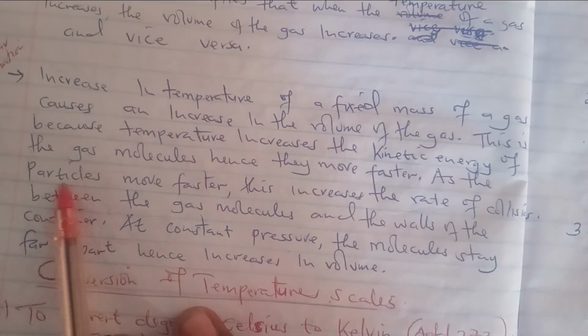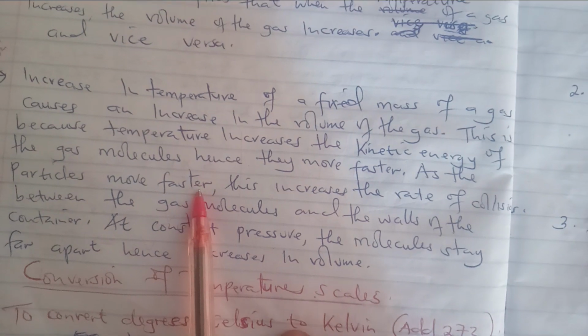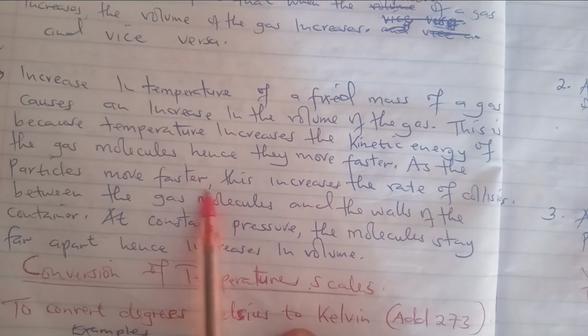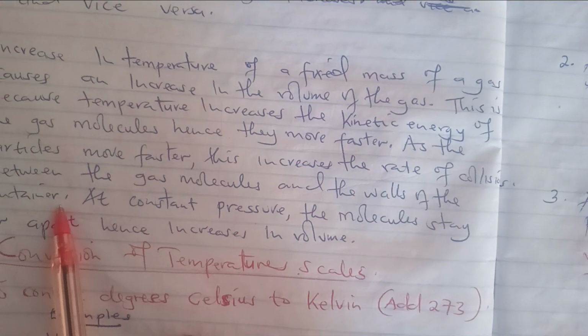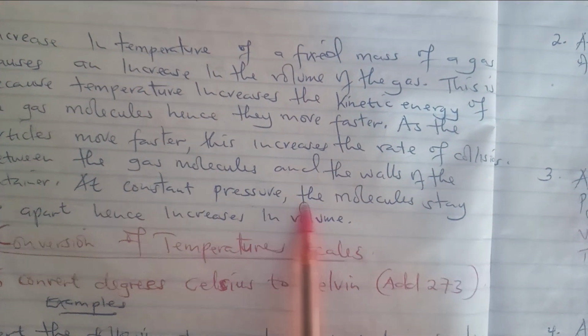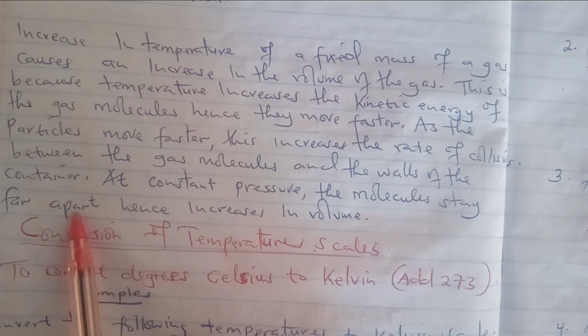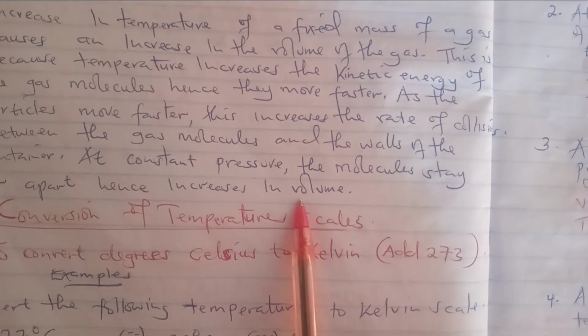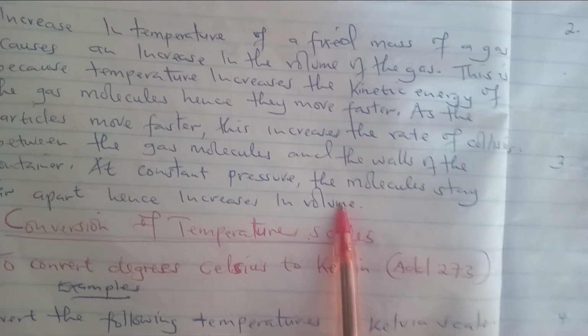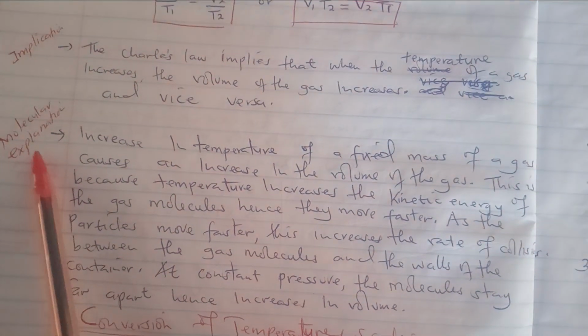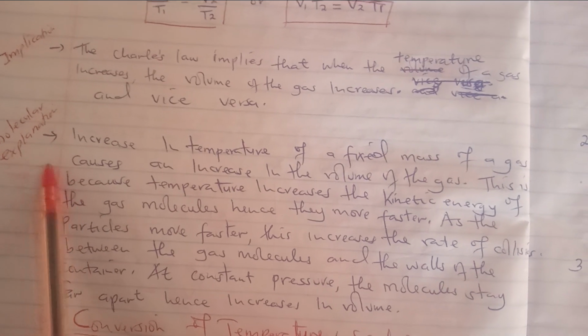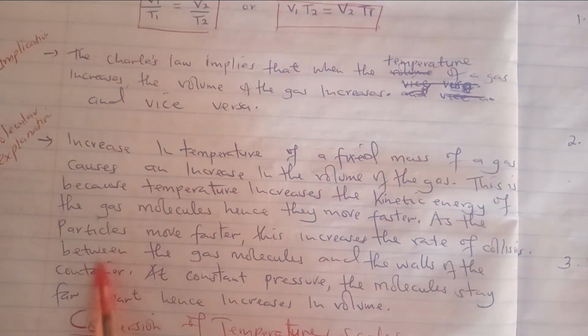As the particles move faster, this increases the rate of collisions between the gas molecules and the walls of the container. At a constant pressure, the molecules stay far apart, hence the increase in volume. That is how you explain Charles' law in terms of the molecular explanation.